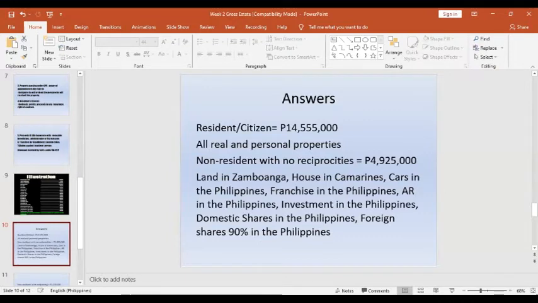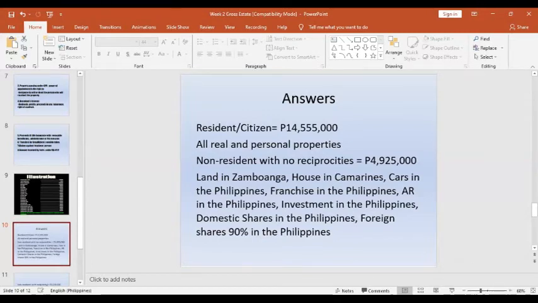For the non-resident citizen with no reciprocity, the total gross estate is 4,925,000. So please take note that for the non-resident citizen with no reciprocity, only the real properties and the personal properties, tangible and intangible, within the Philippines will be inclusions to the gross estate and subject to estate tax.